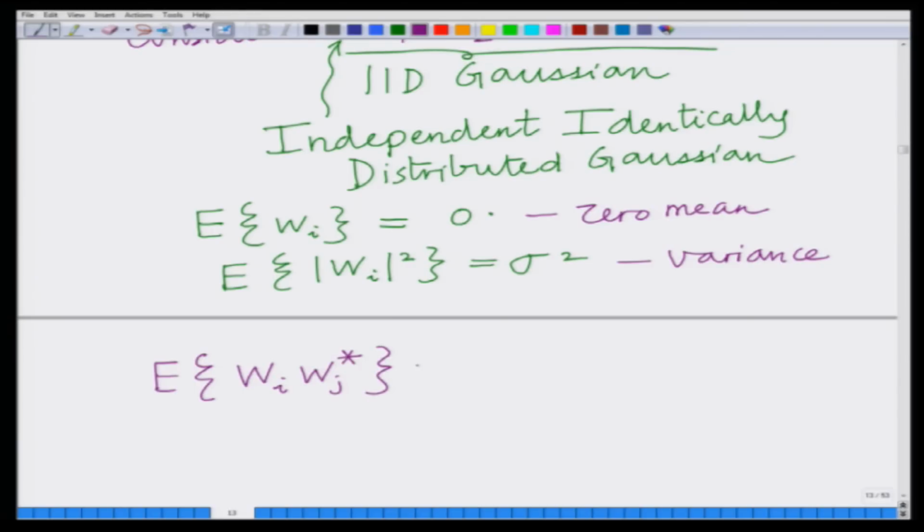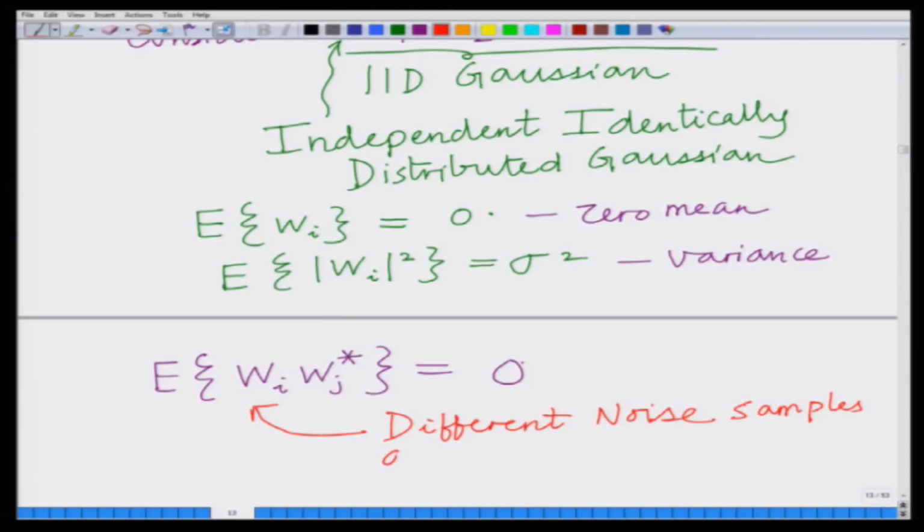Expected value of, since this is complex noise, I am writing Wi Wj conjugate is equal to 0, which means the different noise samples on different antennas are uncorrelated.